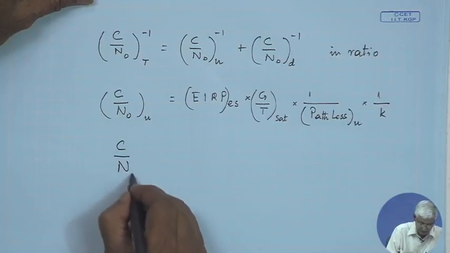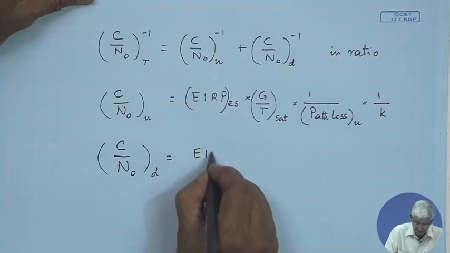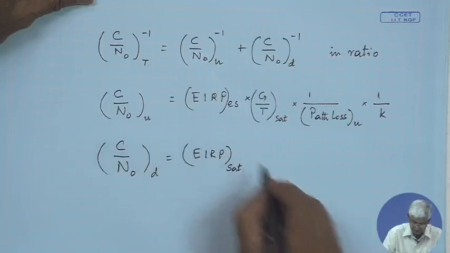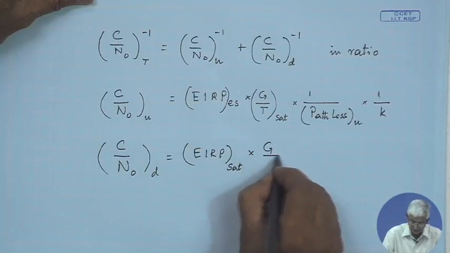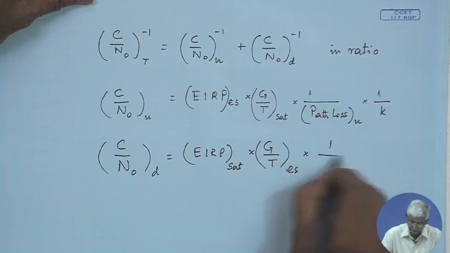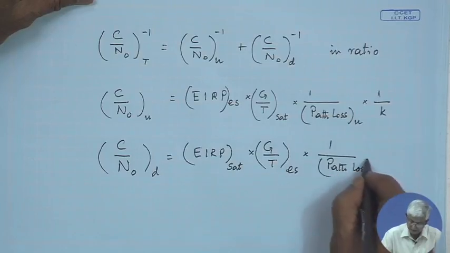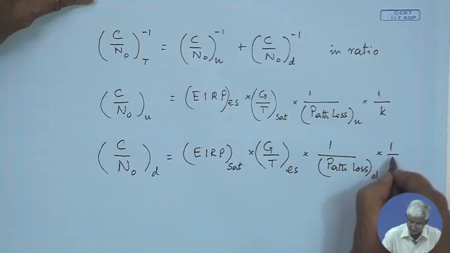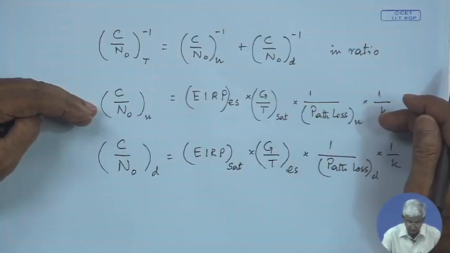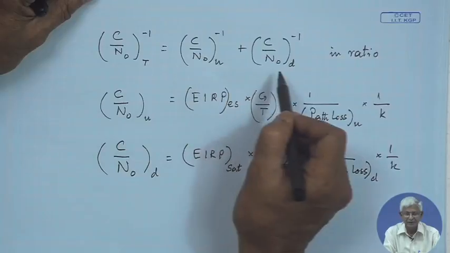So, C by N naught of downlink is similarly the EIRP of the satellite, because it is in the downlink, and G by T of the earth station, which is receiving, 1 by path loss, this time the downlink, and of course 1 by K. By getting the C by N naught uplink and C by N naught downlink, you can calculate the total C by N naught.